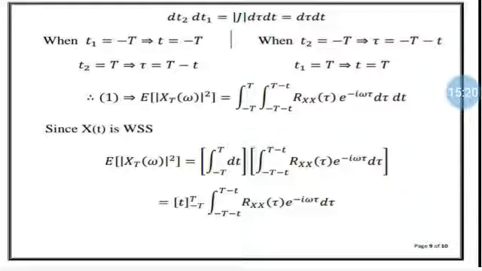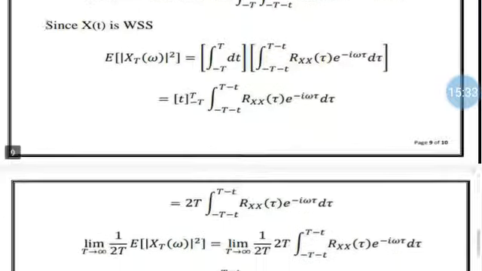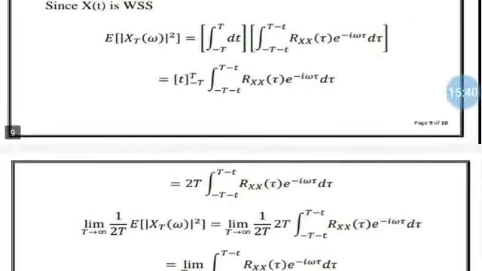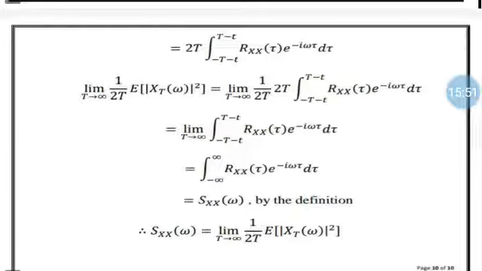With integral limits minus T to T. The second term, simply we can write as the integral from minus T minus t to T minus t of Rxx(tau) into e power minus j omega tau d tau, which equals 2T into, first substituting the upper limit, replace t by capital T, and substituting the lower limit small t to minus T, we get 2T.